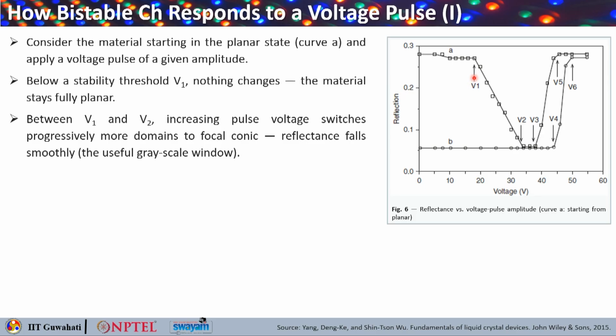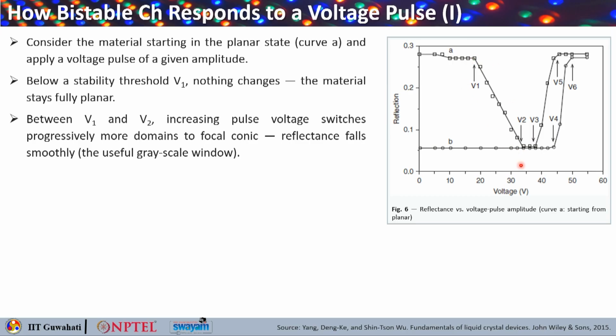Now what happens between these two voltage levels, V1 and V2? From V1 you are increasing the voltage level and you see that the reflection is dropping. That means the state is getting progressively transferred, or more domains are now converting into focal conic, and that is why the reflectance falls smoothly.